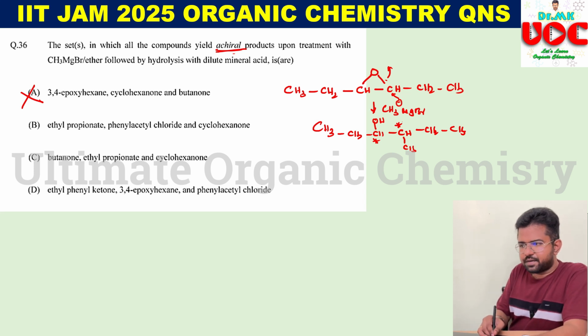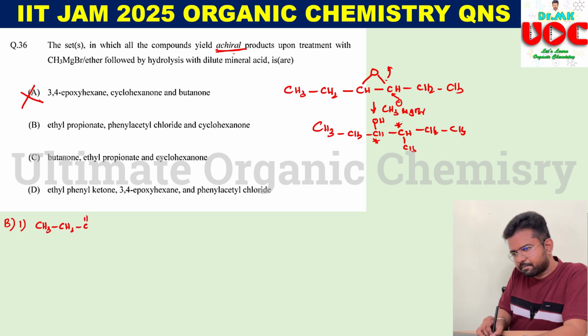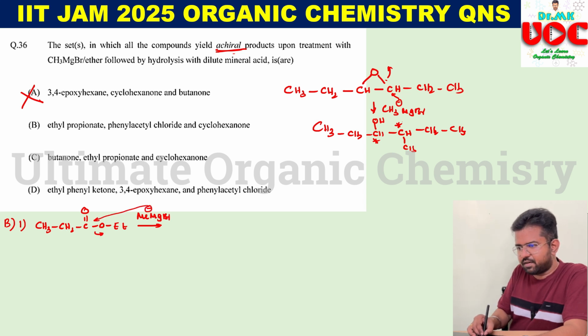Then option B. Let us discuss option B. The first reaction, that is ethyl propionate. When this molecule is reacting with methyl magnesium bromide, it attacks here, the ethoxide will be leaving.